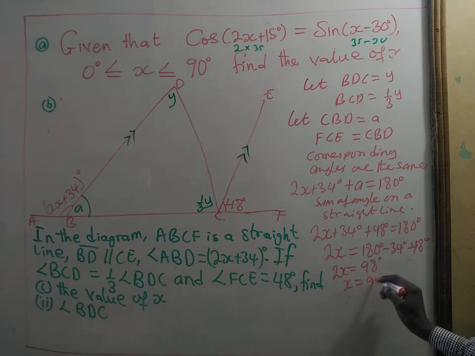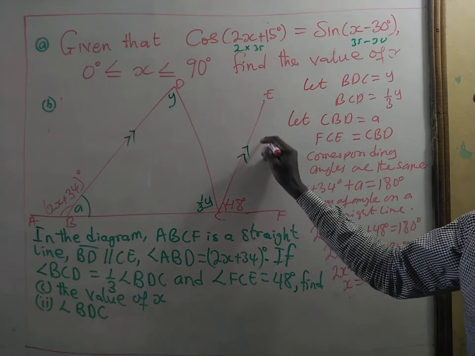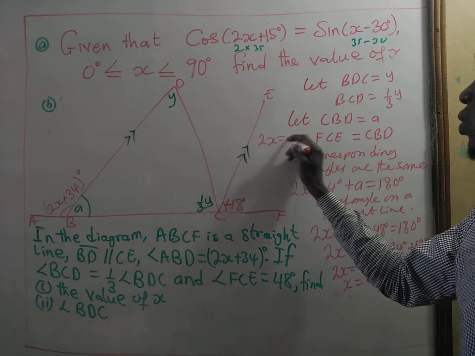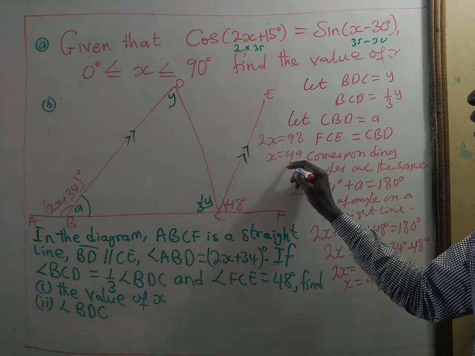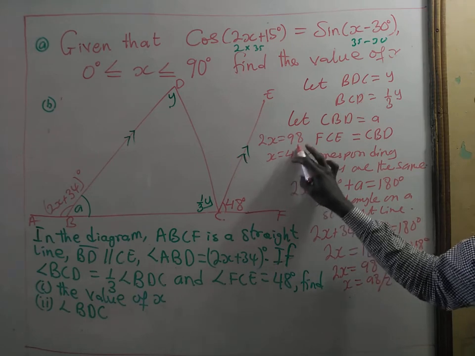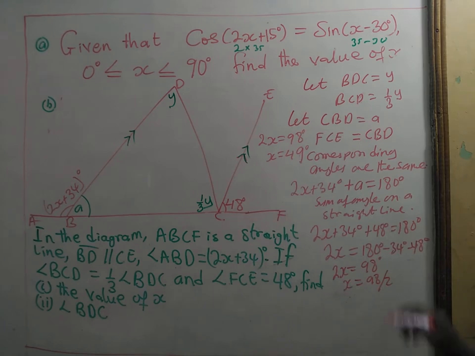X equal to 98 divided by 2, and that is 49. So we have 2x equal to 98, x equal to 49. So that's the value for x. X is 49 degrees. Wow.